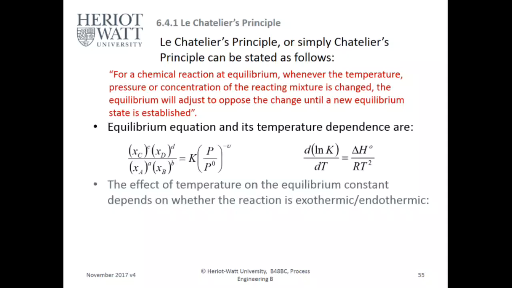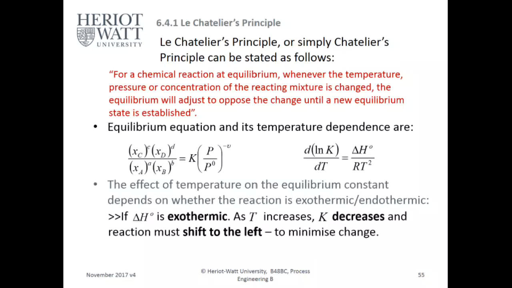The effect of temperature on the equilibrium constant depends on whether the reaction is exothermic or endothermic. If it's endothermic, it requires more heat, so as the temperature increases, the reaction will proceed faster and your equilibrium constant changes.